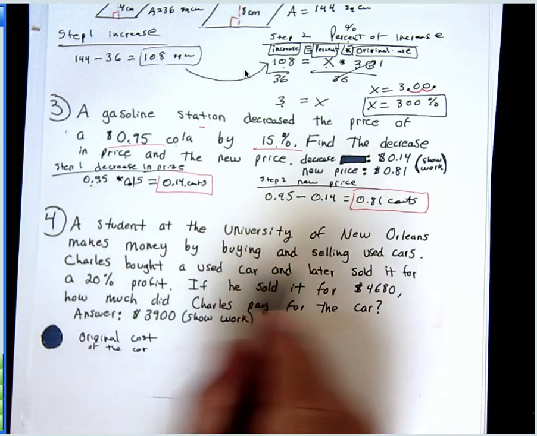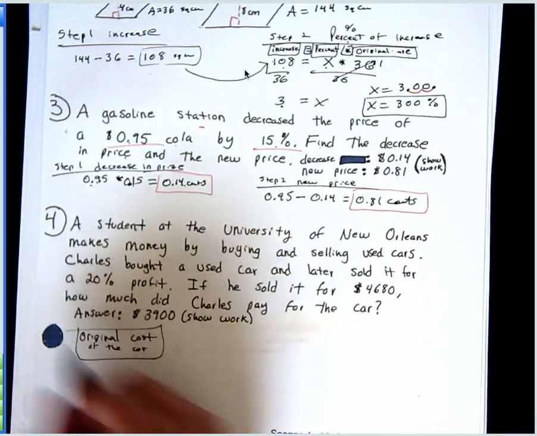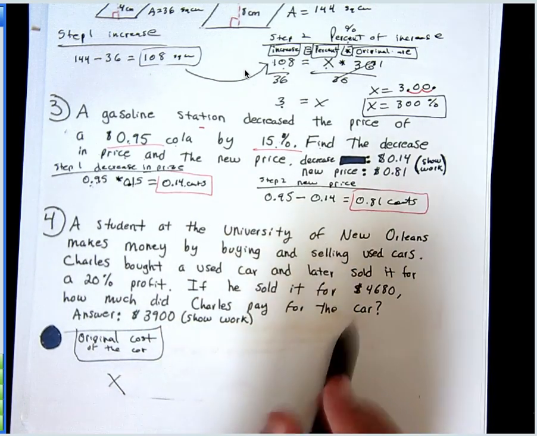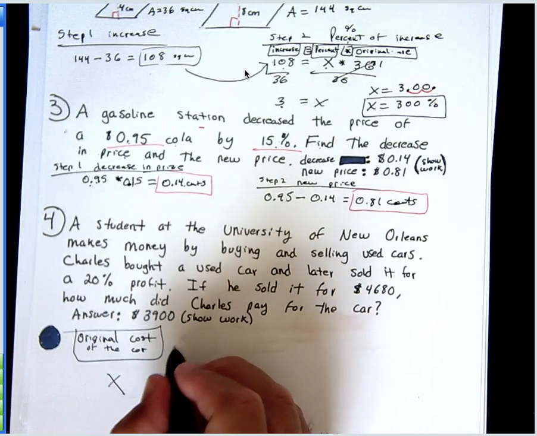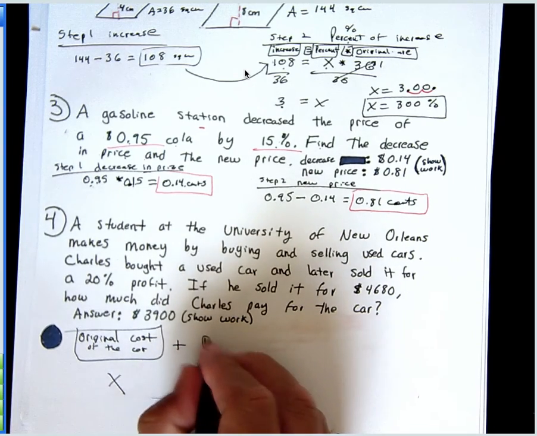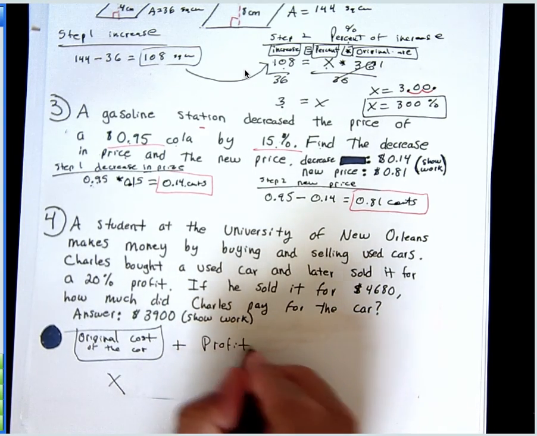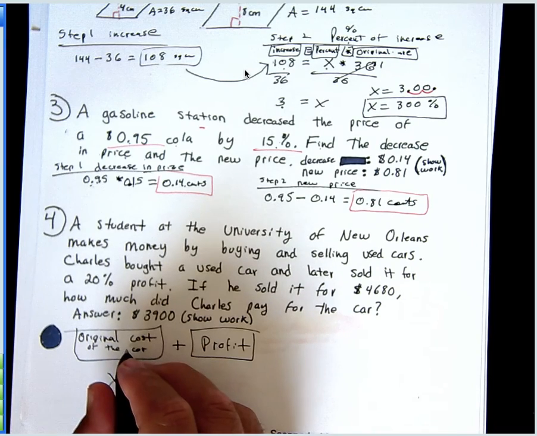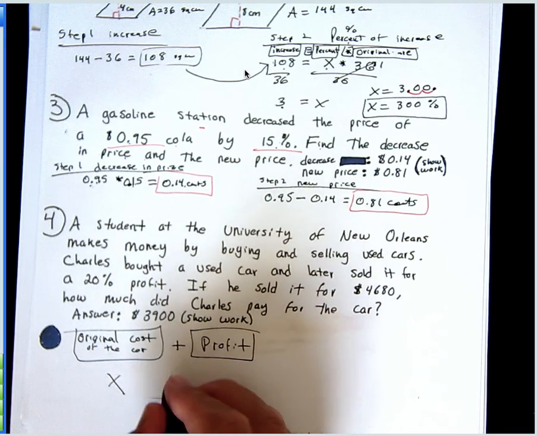It doesn't really tell you, so that would be the X. We know that he made a profit, so plus the profit. So you're adding to whatever the car cost plus the profit.